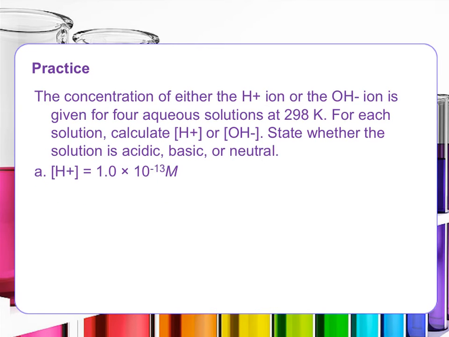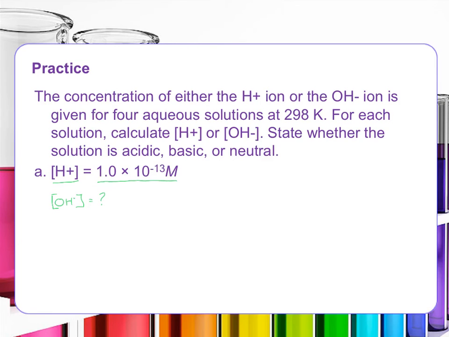So let's look at a practice question. This question is telling us that the H plus concentration is 1 times 10 to the minus 13, and the question is asking what is the concentration of OH minus. How are we going to work this out?